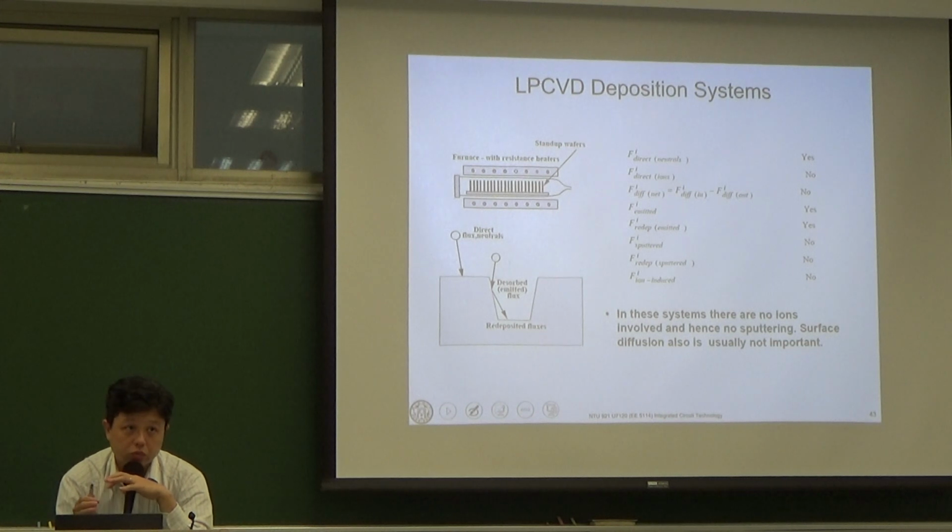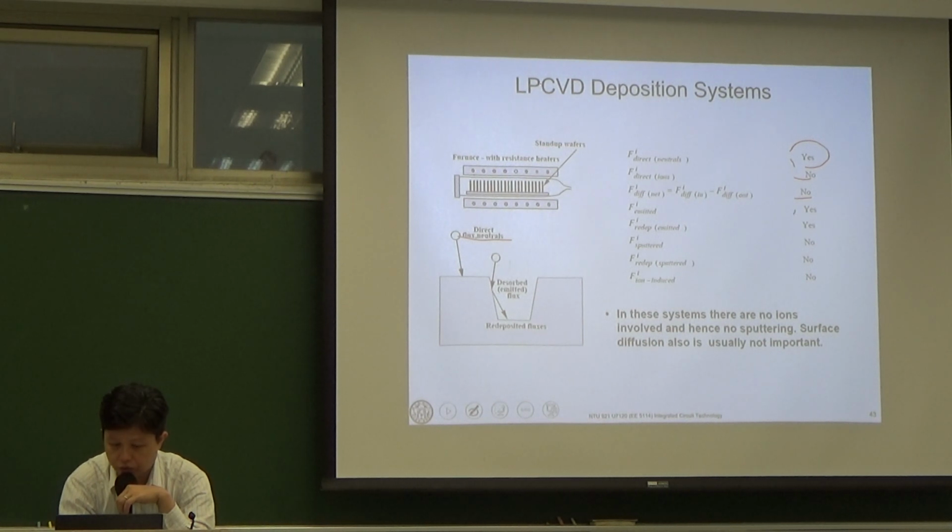Now we get into the different deposition systems, and to see the different deposition systems, what kind of terms should we consider? So the first one is LPCVD. We have these direct terms, ion or neutral terms. There's only neutral terms here, and no direct ion or diffusion term.